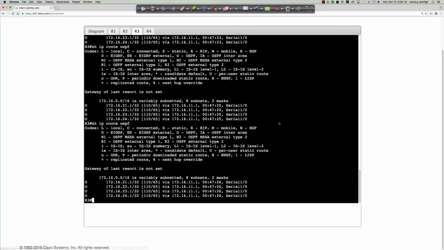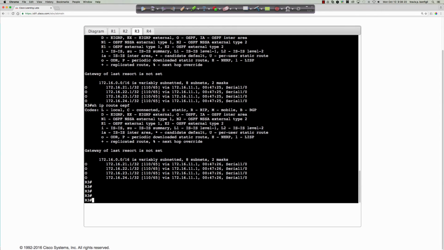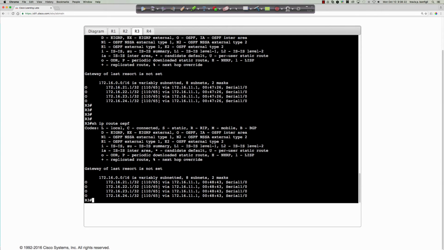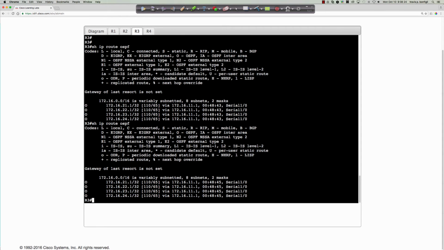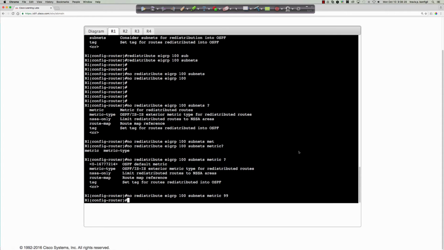So when we come back over here to router 3 now, we've got the subnets option in there, and the metric has been set to 99. And let me make sure that I do show run section. My guess is that the redistribute command I ran prior to this is still in the config, which is not with the subnets option and not with the metric 99 option.